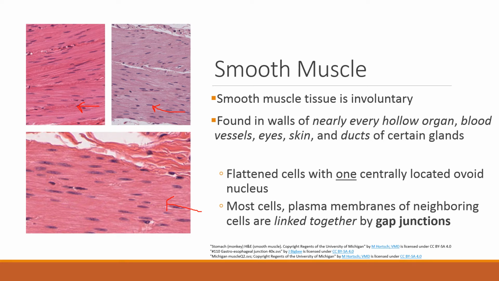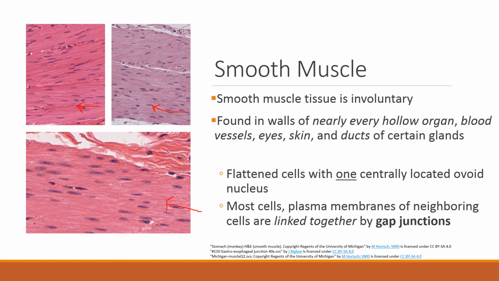The contraction of these muscles are still controlled by your nervous system, but you don't actually think about contracting them. For example, when you eat a hamburger, you don't think, I need to push that through my intestines. I need to contract those intestinal muscles, contract, contract, contract, in order to get that food through your intestines, right? It just kind of happens automatically. That's what we mean by involuntary.